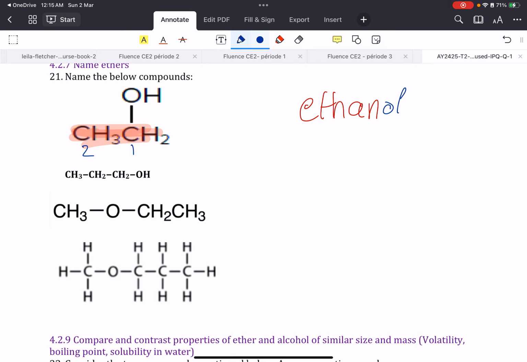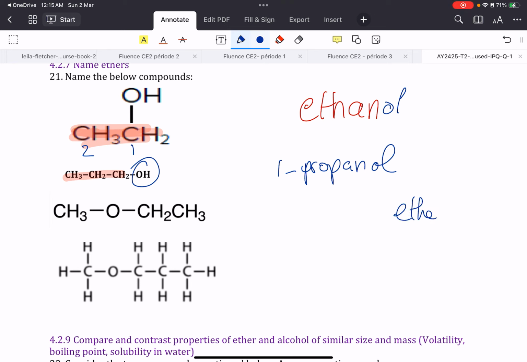The next, we are dealing with a 3 carbon chain. It's a propane, and since this is an alcohol, I would write propanol, and this is 1-propanol to indicate that the OH group is on the side and not in the middle. In the answer key it is just written propanol. It should be 1-propanol.